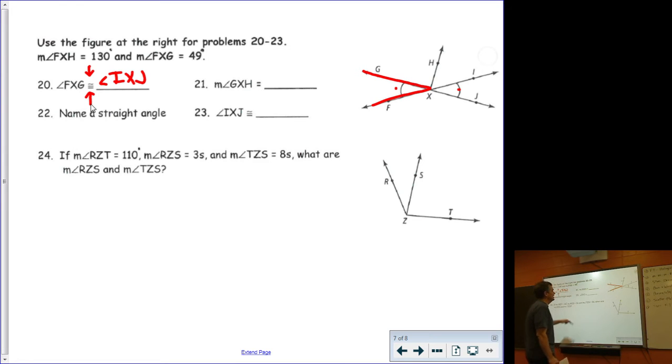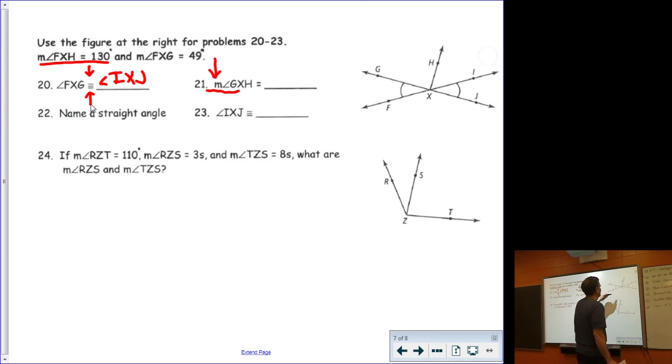Number 21 is asking for the measure. So since it's asking for the measure, that tells me I want an actual number. So, let me see. It says that the measure of angle FXH is 130. FXH would be this whole angle. That's 130.